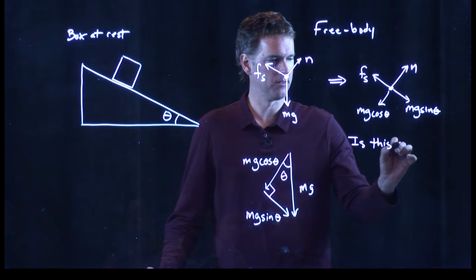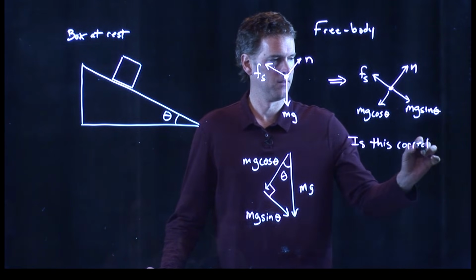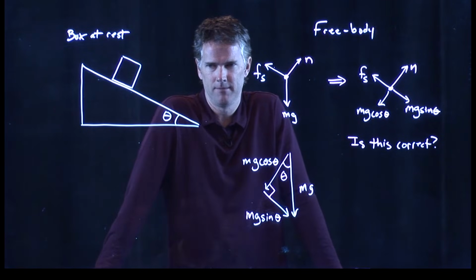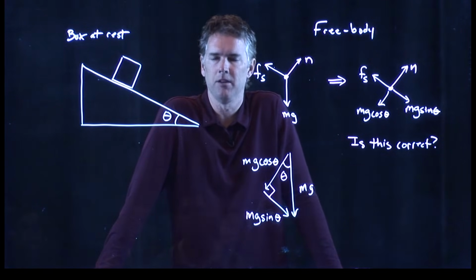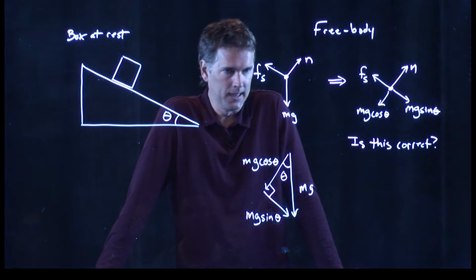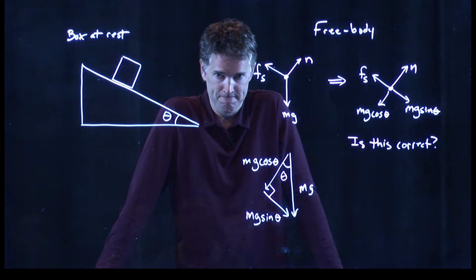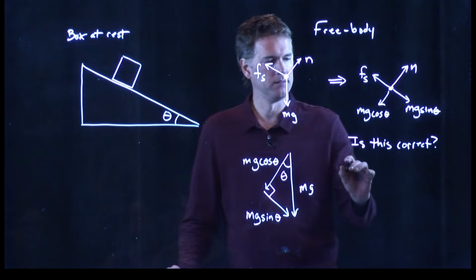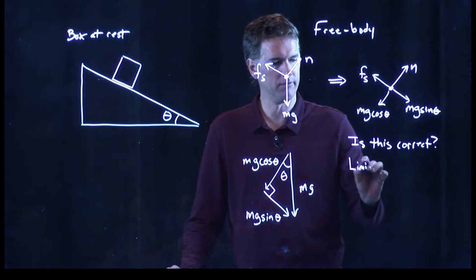Is this correct? Anybody remember how we decide if that guess is correct or not? It has to do with looking at the limits, right? And the limit that I like to look at is the following.